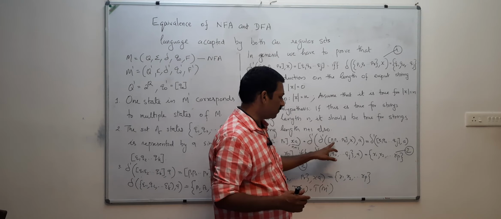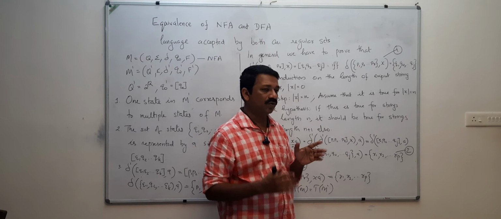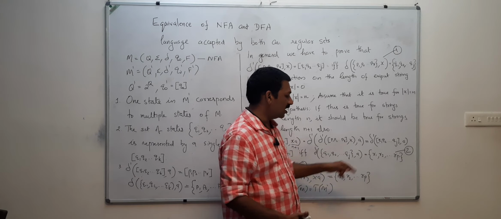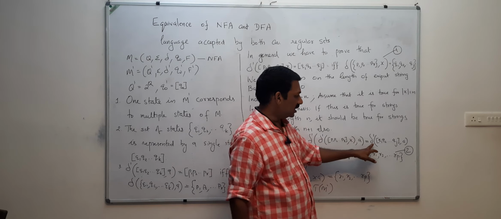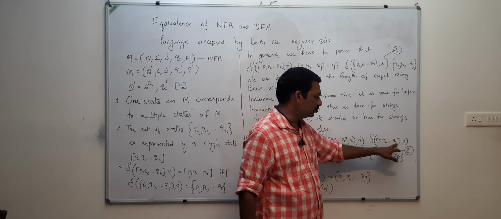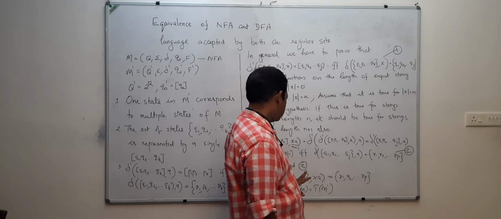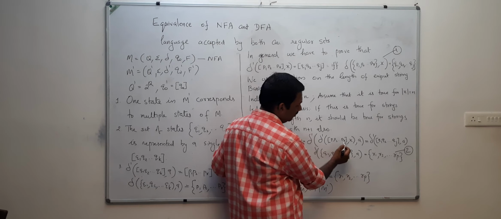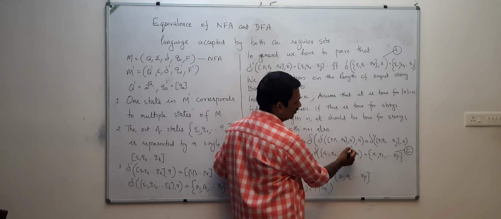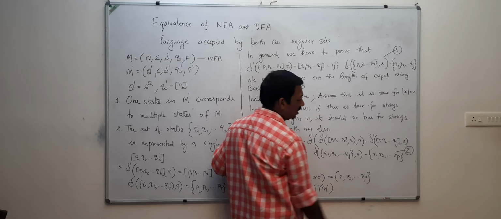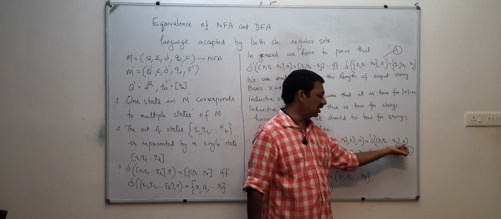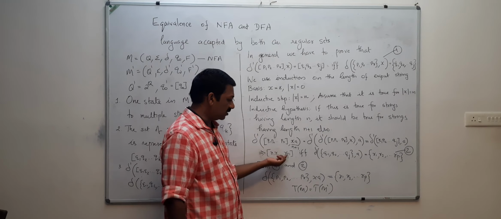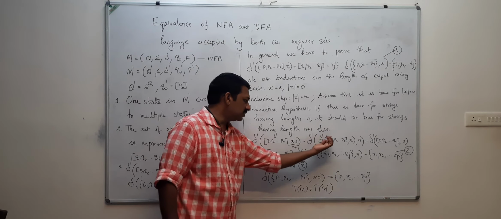That means delta dash of P1, P2, etc. PR on X. On X, it reaches some destination, and after that, it is receiving A, and that is delta dash of Q1, Q2, etc. up to Qj on A, which is equal to, as per our assumption, delta dash of P1, P2, etc. up to PR on X being Q1, Q2, etc. up to Qj. And on accepting A, it reaches R1, R2, etc. up to Rp if this has to happen.